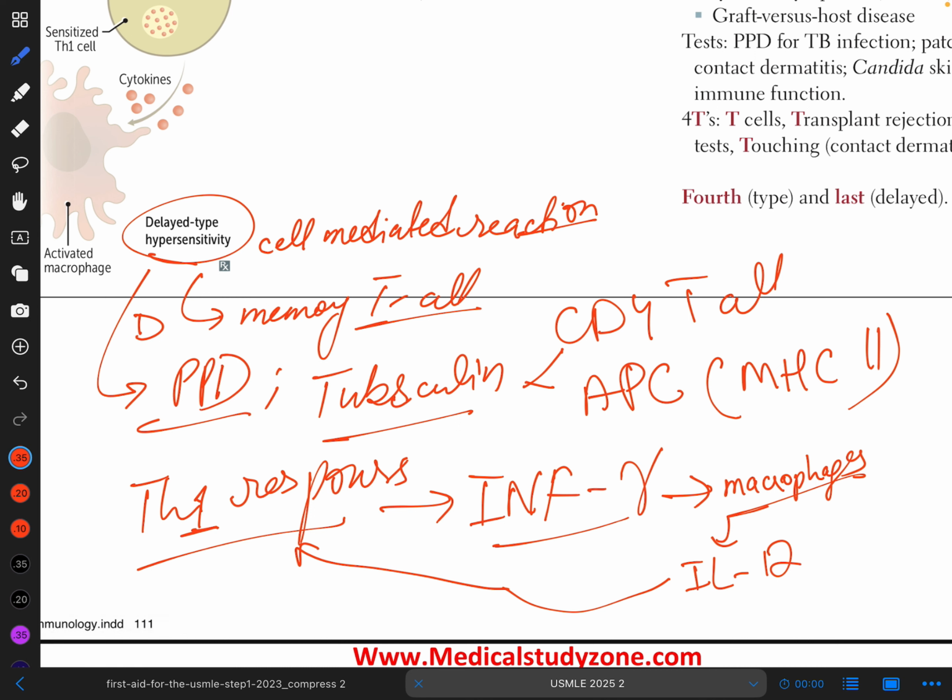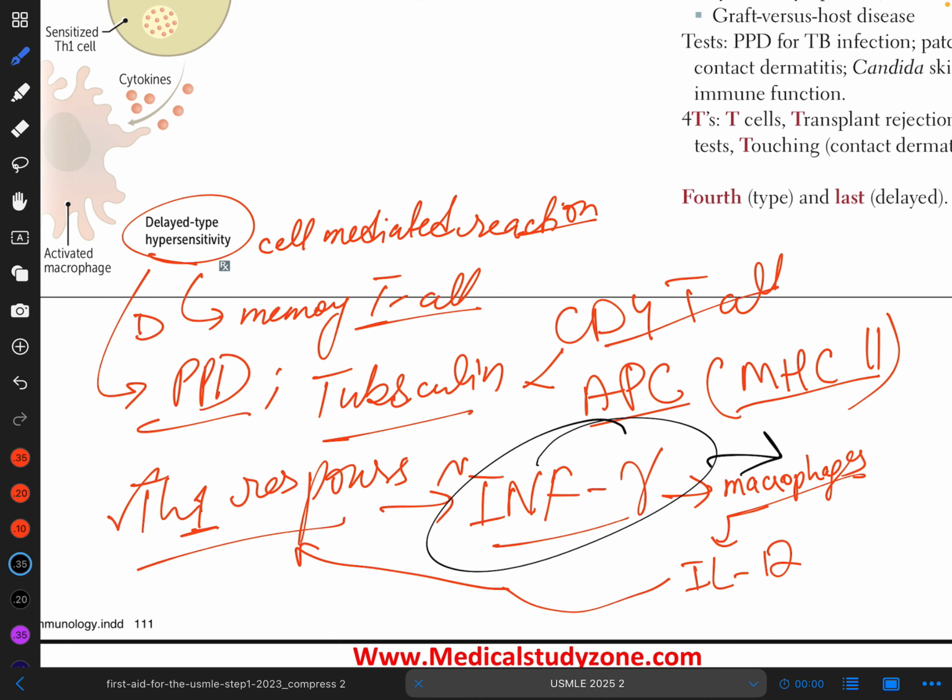The tuberculin is detected by CD4 T cells through the antigen presenting cell MHC class 2. They give the response to T helper cell 1, which is activated and releases interferon gamma. The interferon gamma activates the macrophages, which release interleukin 12 and stimulate the helper cell 1 response to release more interferon gamma, and by that macrophages become activated.